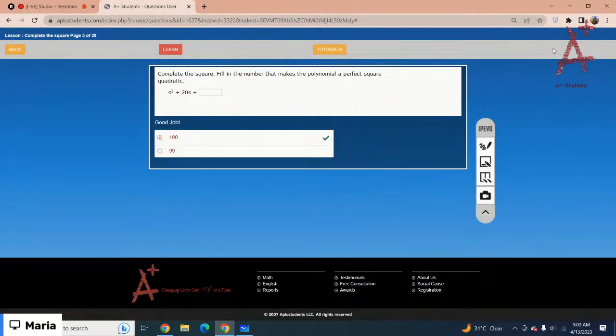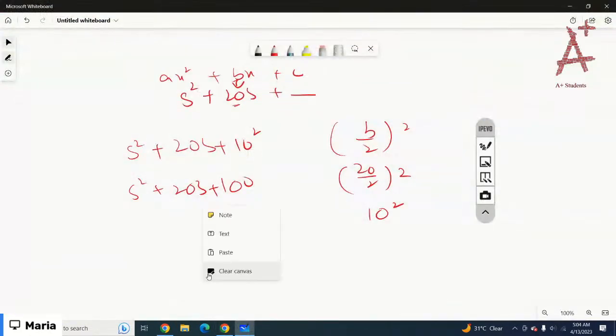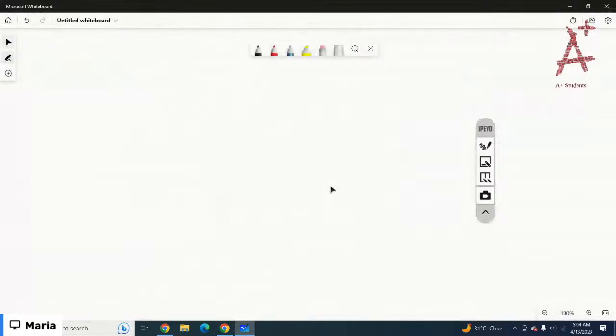Okay, the next one is v square minus 18v and plus the missing number. You have to complete the square. When you equate the equation to the quadratic equation, it would be ax square plus bx plus c equals 0. Got it? So when you have to complete the square, you have to add (b over 2) square.